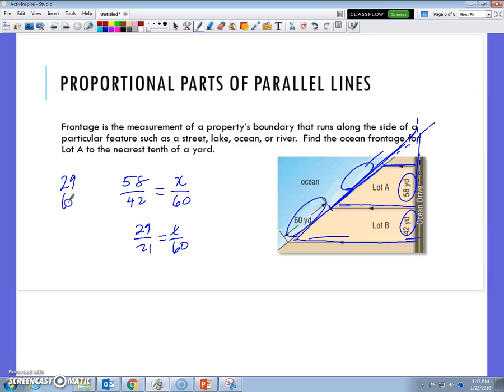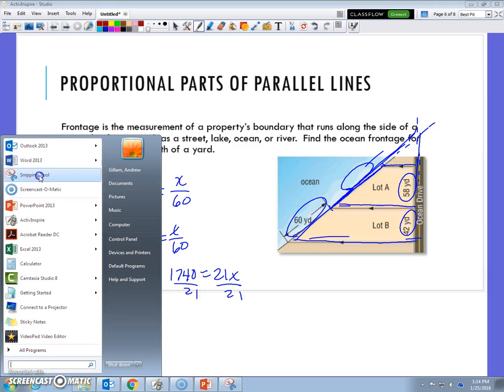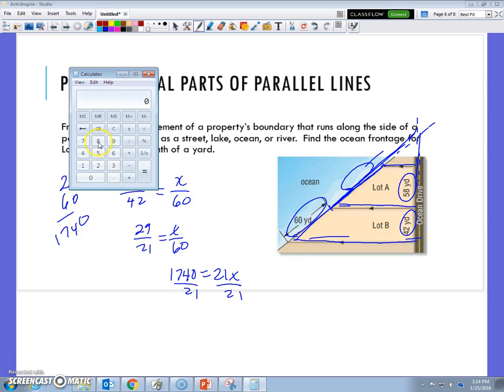And 29 times 60 is 1740 equals 21x, and then I'm going to divide by 21, and we'll see if that works out evenly. No, it doesn't, of course.